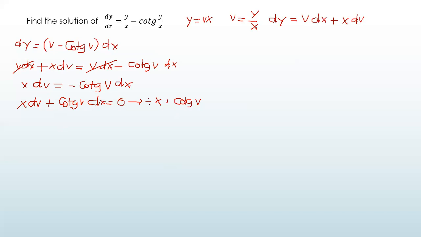Why should we divide by x times cotangent phi? Because look, the implication becomes d phi over cotangent phi and dx over x. So phi and phi, x and x.